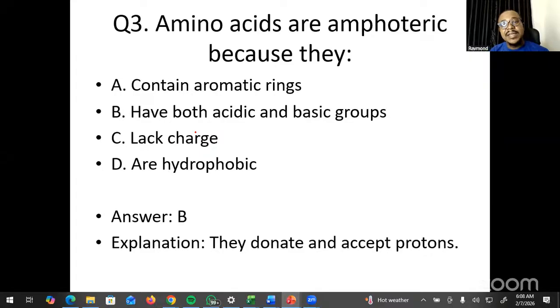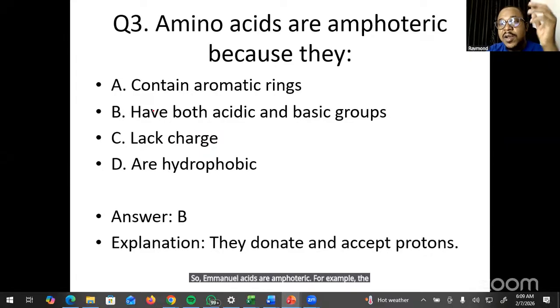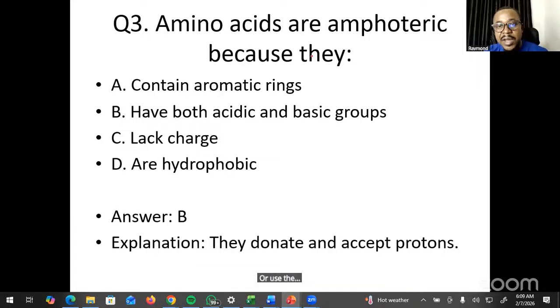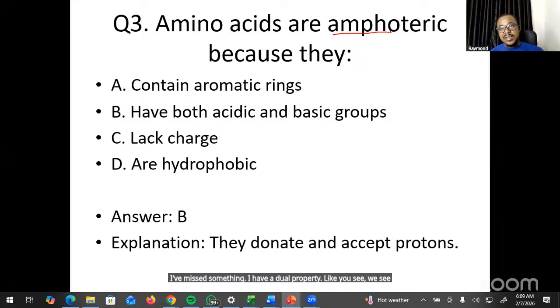So amino acids are amphoteric. When we say ampho, if you underline the word, it means amphi. Amphi means something that has a dual property. Like we see amphibians. Amphibians are organisms that can live on both land and water.